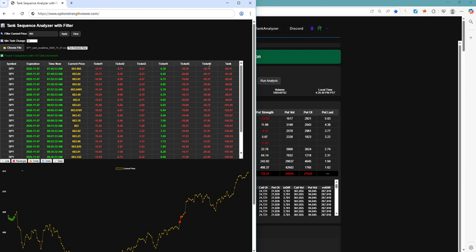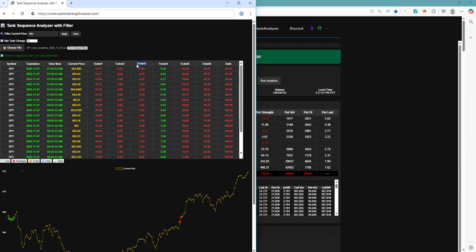So we should expect ticket 6 and all of the tickets to increase in puts as well. But that's not the case because 1 hour later, ticket 6 is actually losing strength in puts. Ticket 5, same thing. And ticket 4 is already in the positive range and it's gradually increasing.